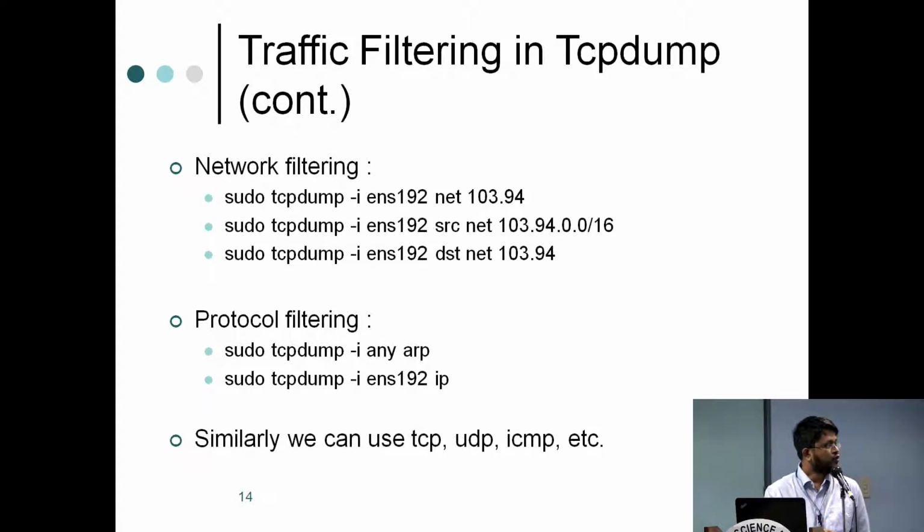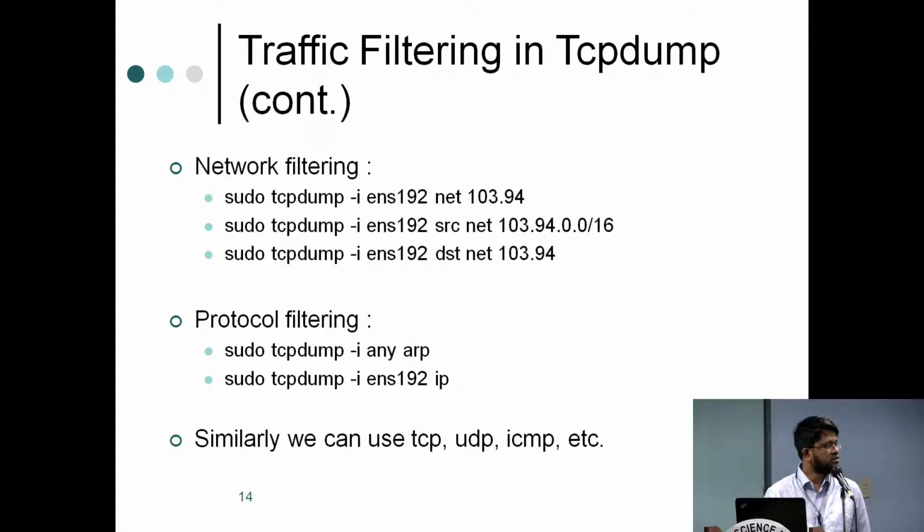We can do protocol filtering. When we capture packets host-wise or for any, it will capture all the packets for all possible protocols. We can define that I want only ARP packets, or I only want IP packets.